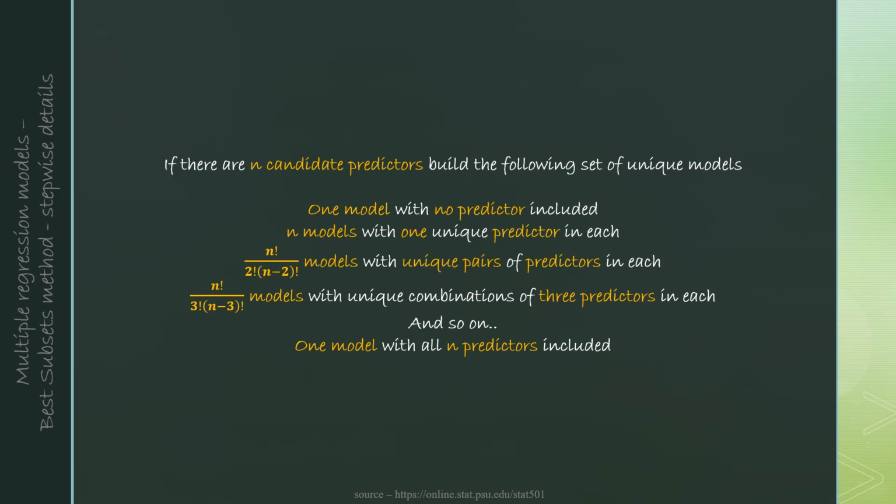One model with no predictor included, n models with one unique predictor in each, n factorial divided by 2 factorial multiplied by n minus 2 factorial models with unique pairs of predictors in each, n factorial divided by 3 factorial multiplied by n minus 3 factorial models with unique combinations of 3 predictors in each, and so on, and one model with all n predictors included.